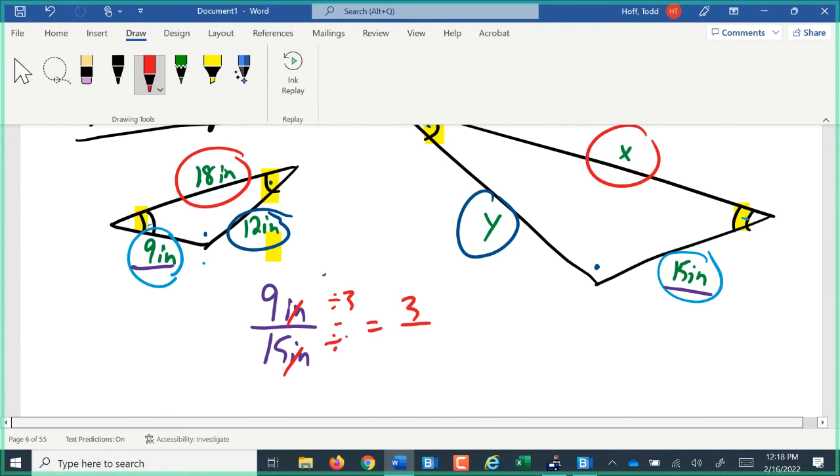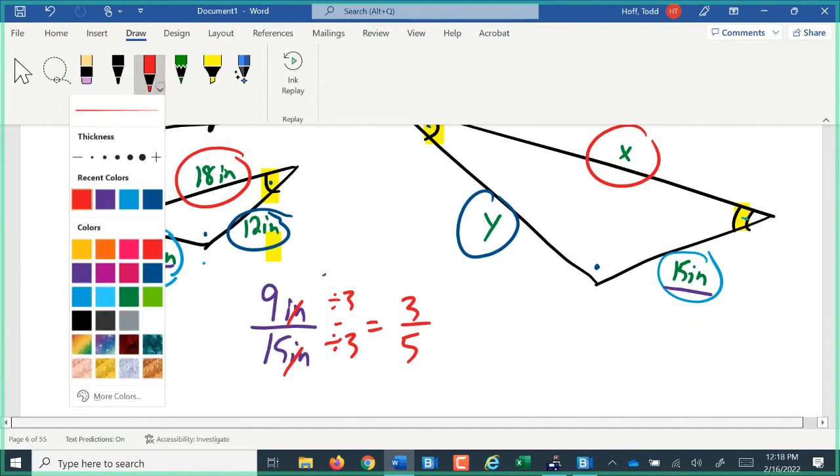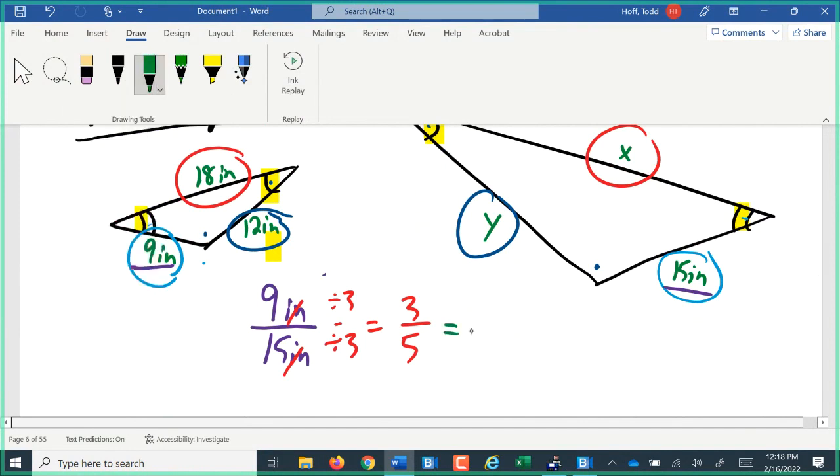Here's a 3 to 5 ratio of sides between these two similar figures. From there, if I want to find X, well, X is from the same figure as the 15, so it's going to go on bottom. X corresponds with the 18, so 18 goes on top, and we cross multiply and divide. So here, 5 times 18 divided by 3 gives us X is 30 inches.